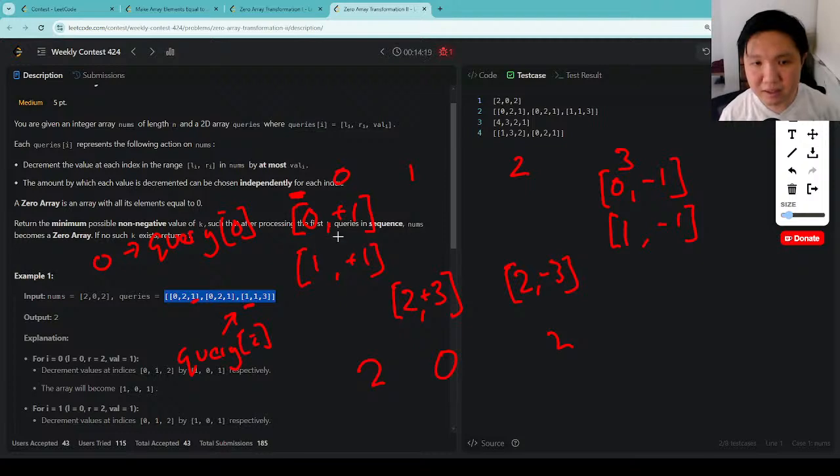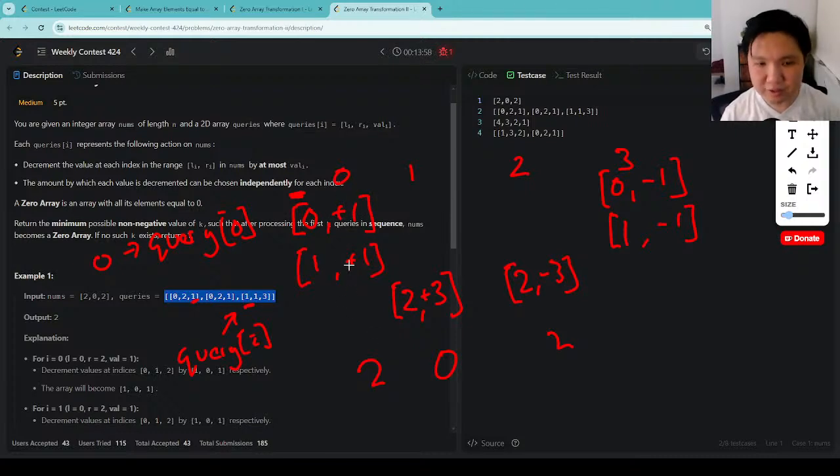So basically, question 3 is very similar to question 2. The difference is, instead of just aggregating all the increments of 1, it uses val instead of just plus 1 every time, which is a very small change. And more importantly, you need to keep track of which query this val is coming from.